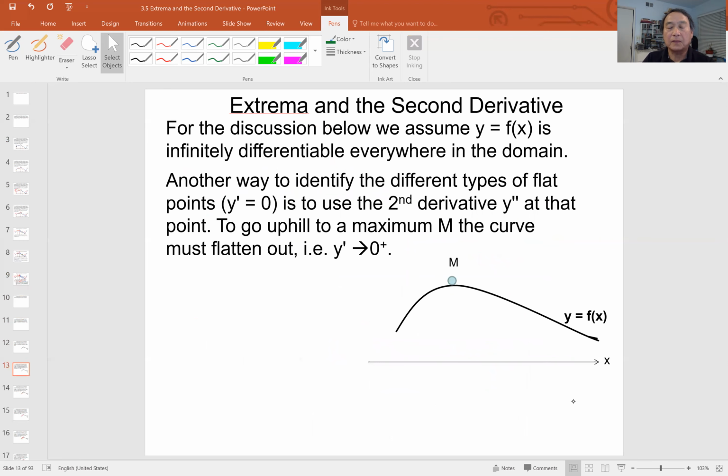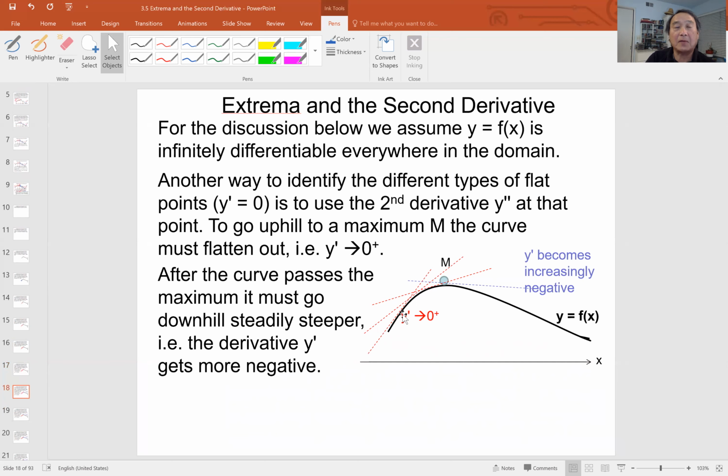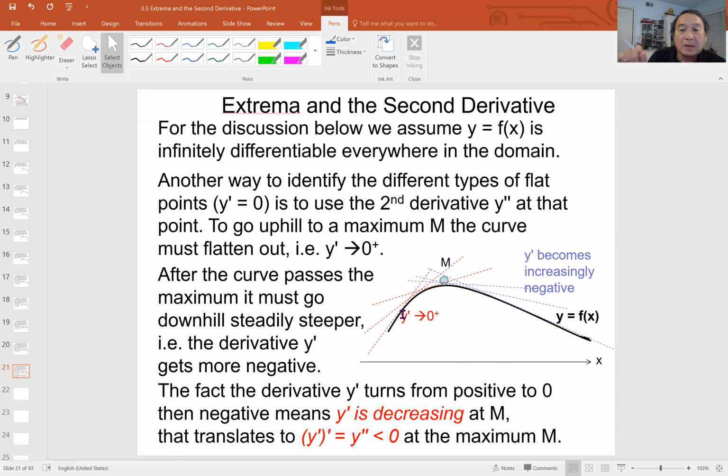Let's start by looking at the maximum point. Think of the roller coaster. Everybody has probably had this experience: as you get close to the top of the roller coaster, you have the feeling of going up, then the forward motion starts flattening out, until you get to the top, and then you're ready to slide down and go downhill.